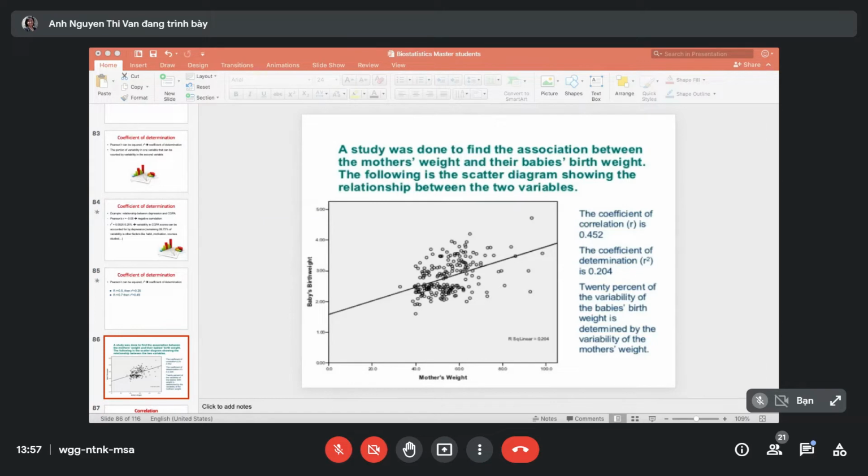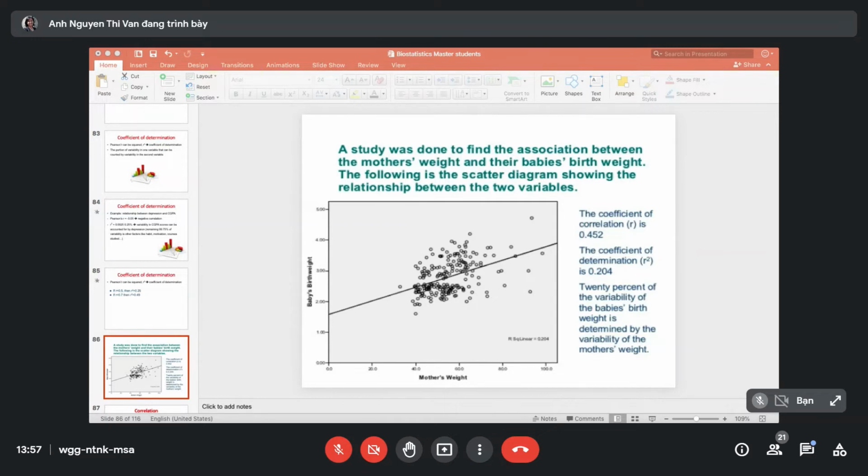So can you conclude about a cause-effect relationship? Using this correlation test with the R value of 0.9, can we say that it is a cause-effect relationship?